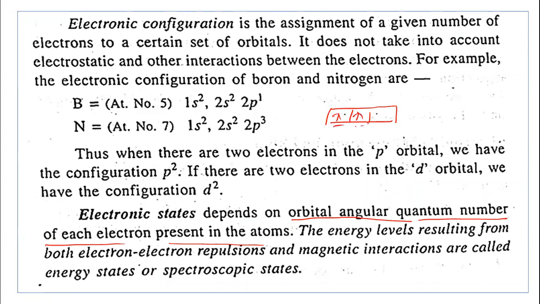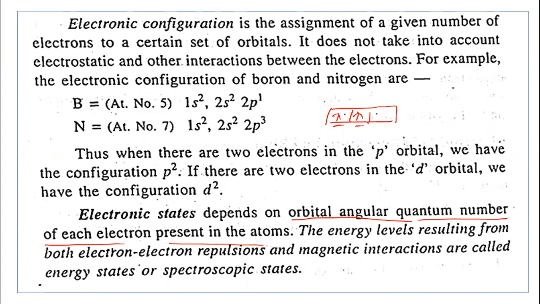So there is electron-electron repulsion, and magnetic interactions also take place. The energy levels resulting from both electron-electron repulsions and magnetic interactions are called energy states or spectroscopic states.